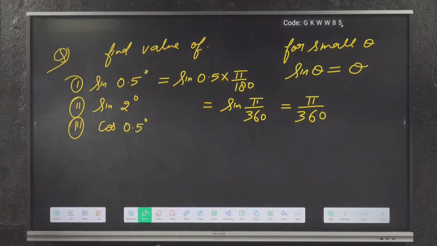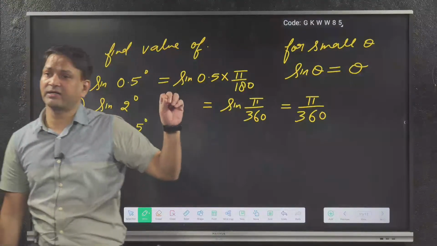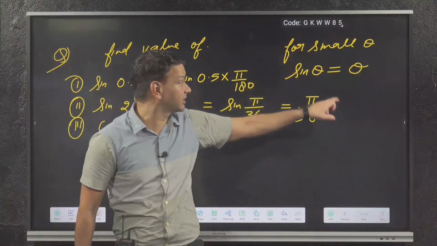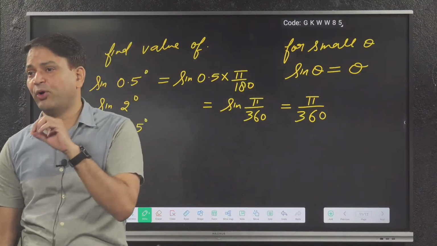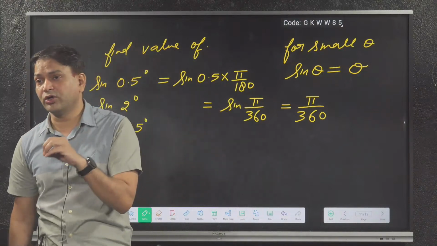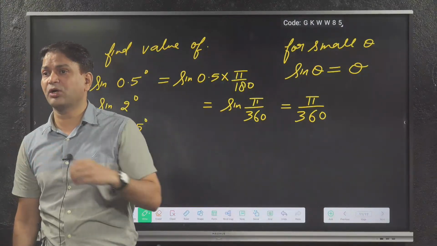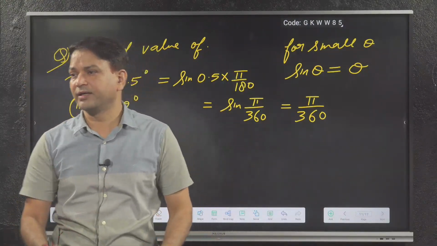Everybody got it or not? Here I write 0.5 degree, but when I use the relation sine theta is equal to theta, or the formula angle is equal to arc upon radius, the unit of theta is radian. So I cannot directly write it in degree.